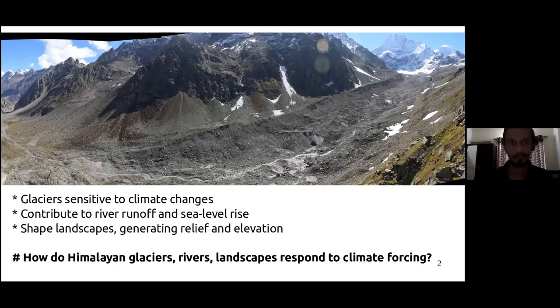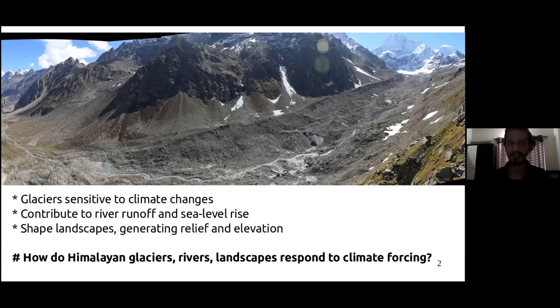And also globally, there is a lot of effort, and particularly remote sensing has given us a lot of data to work with. So we are trying to make sense of the change that we have been seeing in the Himalayan glaciers, and what would be the corresponding consequences in river runoff. We have not really worked on sea level rise, but some of our work has some relevance, so I'll talk about that.